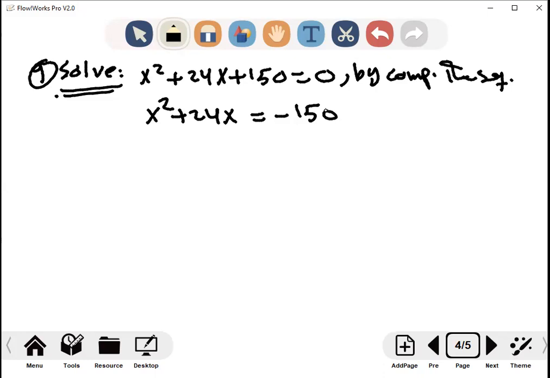Add it here and there, right? So x power 2 plus 24x, the half of b, 12 power 2, 144, here and here also. Don't forget to add in both sides. If you didn't add in both sides, it is not equal anymore, right?